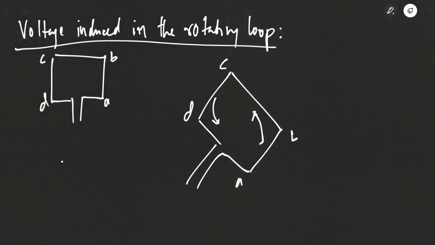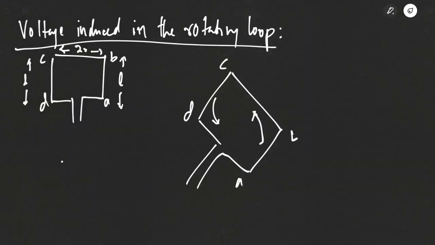So here we have this coil whose length is L, since it is rectangular, this is also L, and let us say this is 2R, where R is the radius of this rotating coil.